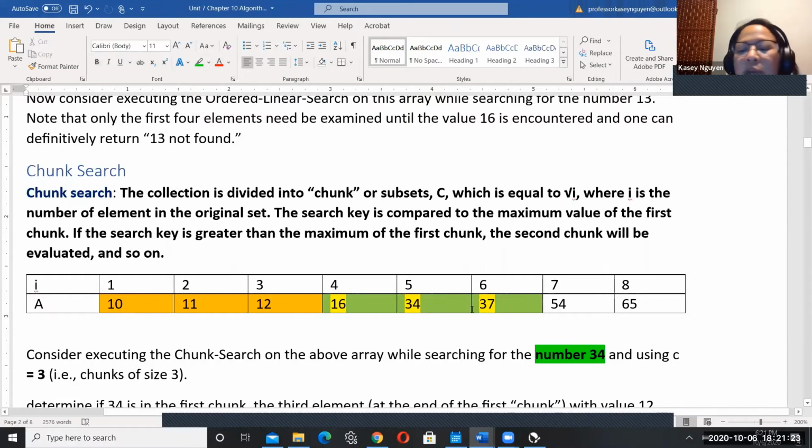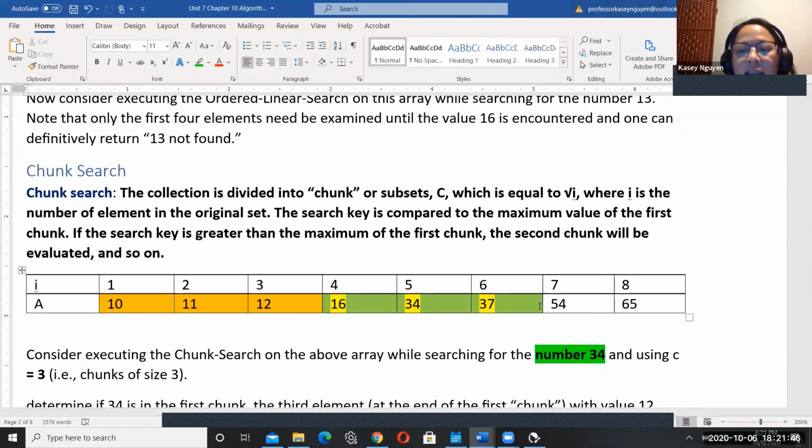We're going to try to seek number 34 in this array. Based on this, it will divide up different chunks inside that array, the subgroups or subsets.